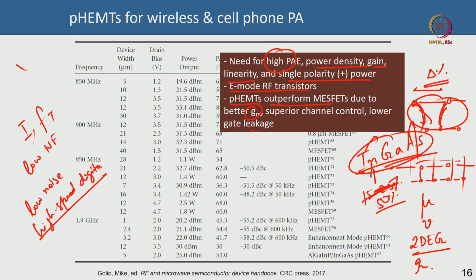Why? Because for power amplifier you need good breakdown voltage. Indium gallium arsenide, as you keep increasing the indium content, the breakdown keeps reducing, because indium arsenide is a lower band gap material. So, the more indium you put, the lower the band gap you have. So, 70% indium content in InGaAs will have a lower band gap than, say, 30% indium in InGaAs, and that means the breakdown of 70% InGaAs will be lower than the breakdown of 30% InGaAs.